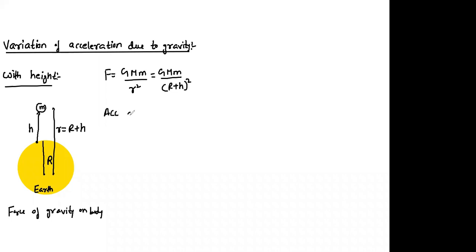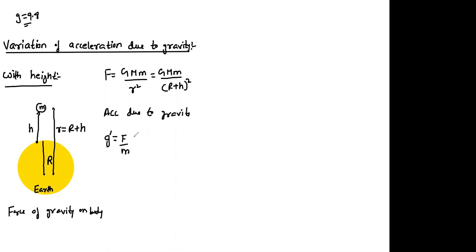For acceleration due to gravity, there's a very minute change. Instead of R, you are using R plus h since you are taking the body to a height h. I call acceleration due to gravity g prime. I'm not using g because g is fixed, its value is 9.8, and the term g is fixed for a body placed on the surface. But your body is not exactly on the surface, your body is at height h. So I'm using g prime.